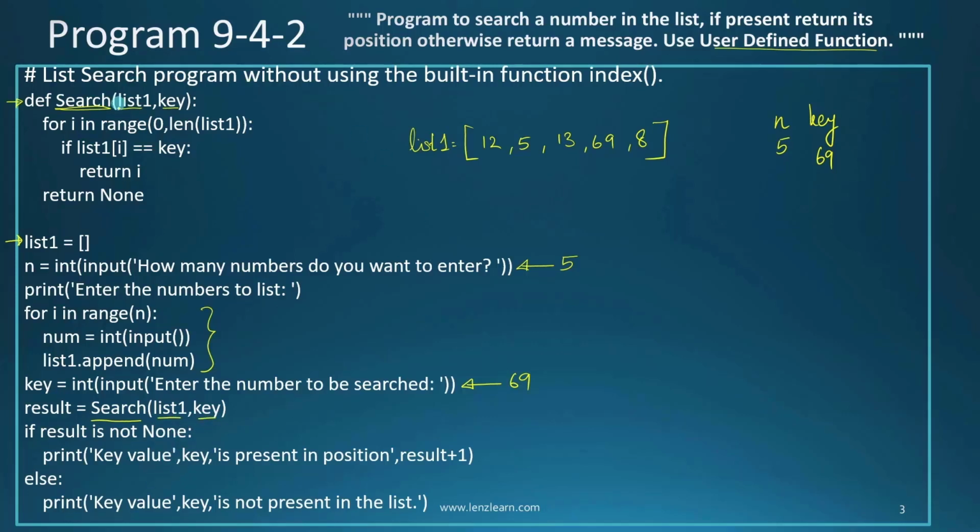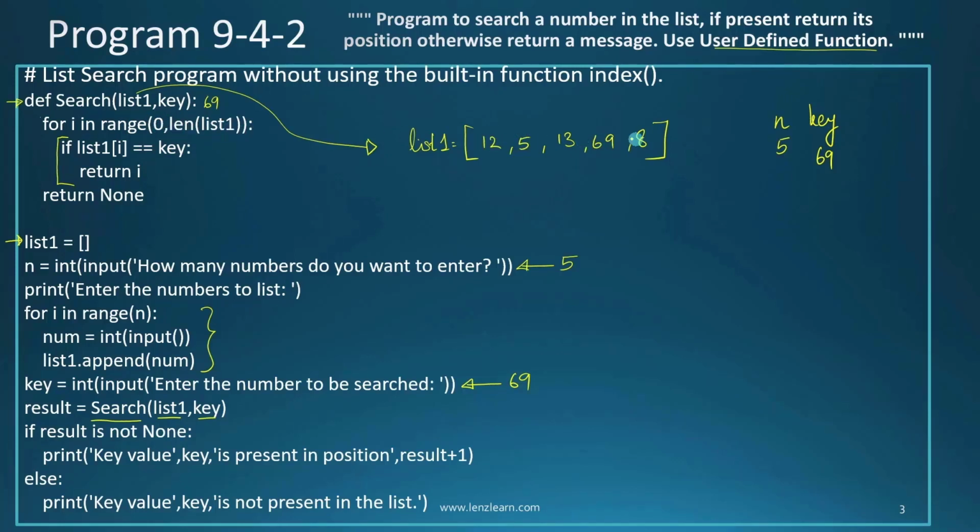So now the control will come to our function called search. Now list1 has these values inside it, and key has value 69. Now inside the function, you can see we have a for loop. This for loop's job is to find out whether this key is available inside list1. First I will create a range operator with start value 0 and stop value as the length of the list.